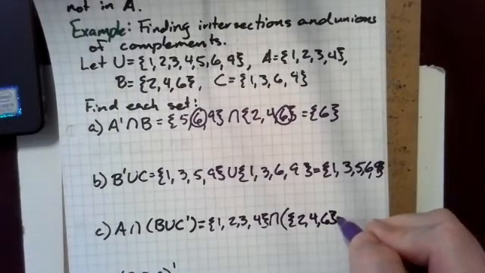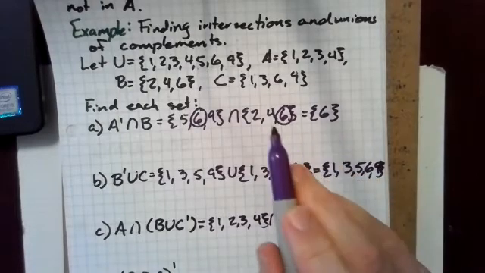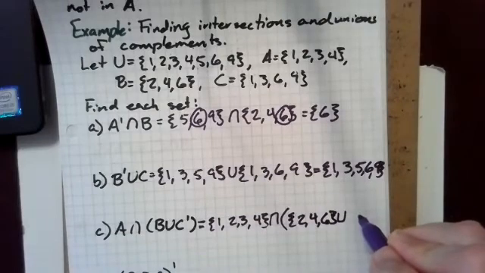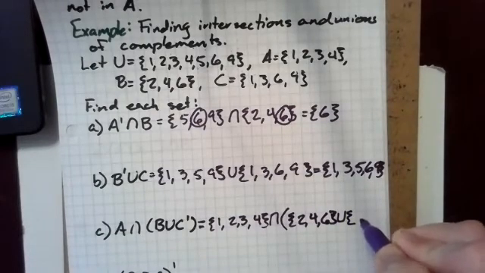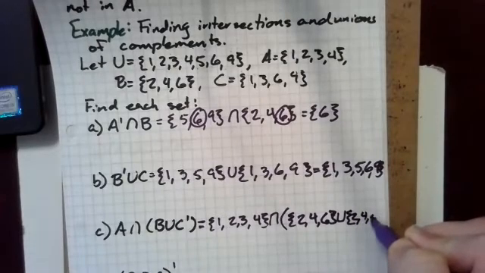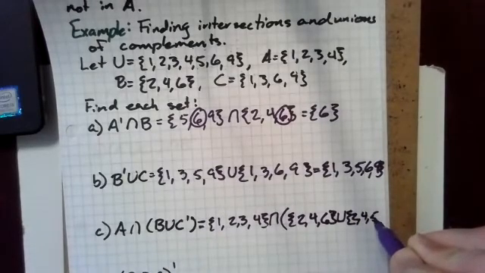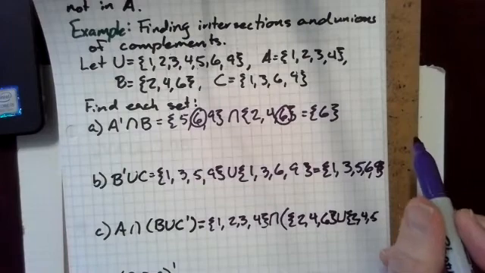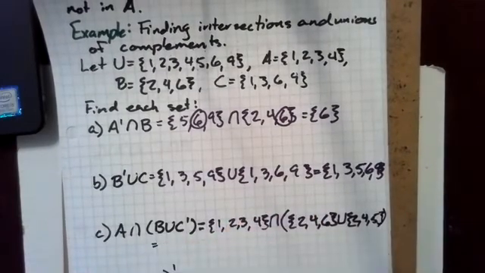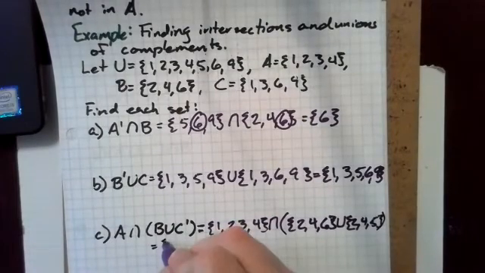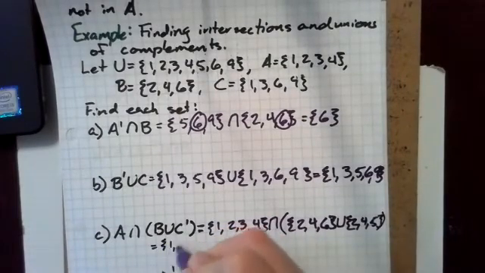So this is everything that is not 1, 3, 6, or 9. So that is going to be 2, 4, and 5. There we go.